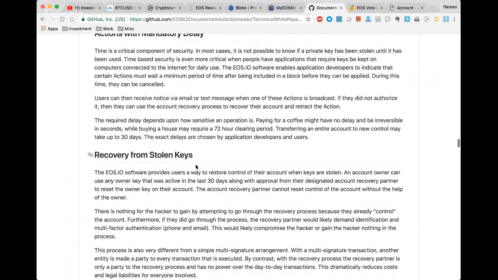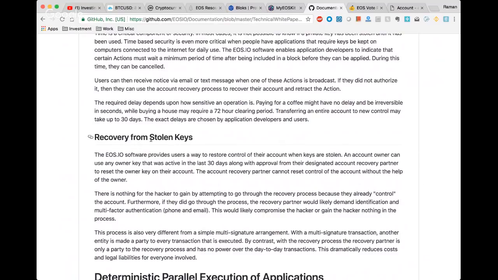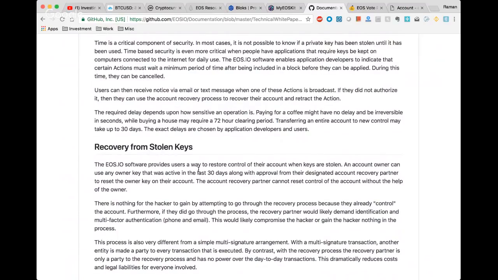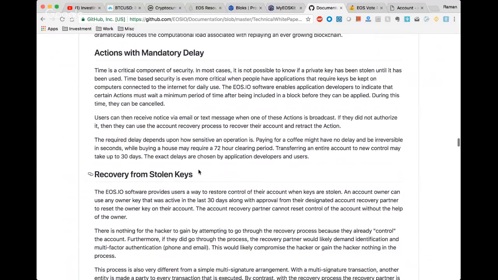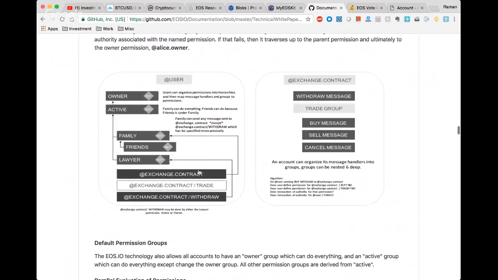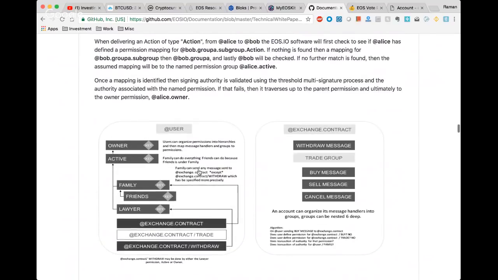This is a very important feature which is not there in any other blockchain, and I hope it can be made simpler. To be frank, we tried to go through these details and come up with a plan to do a video on it, but by the time we could put the material together, we realized it's too complicated for an average token holder to understand, and we are not going to be able to do any better job than what the white paper explains. So we just recommend everybody go and read this section of the white paper.